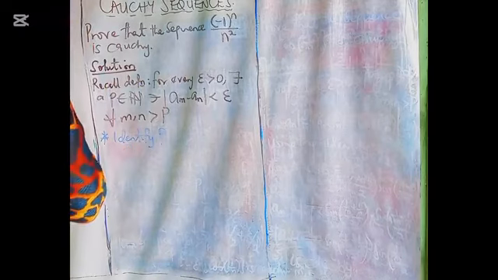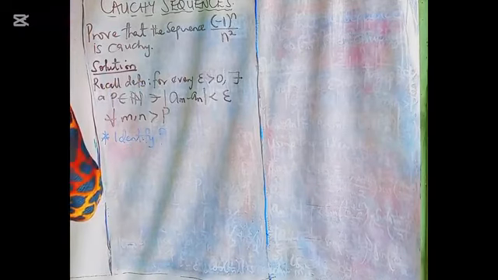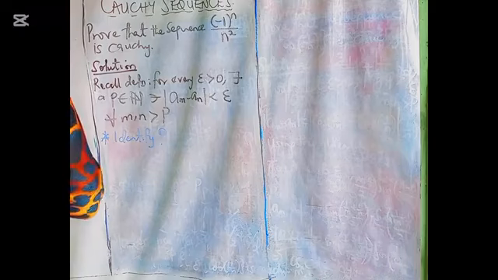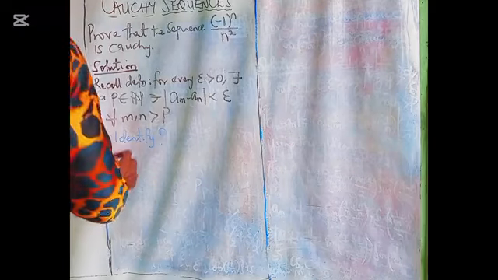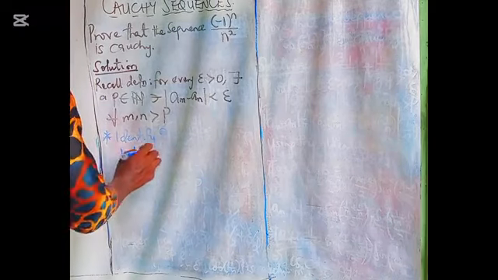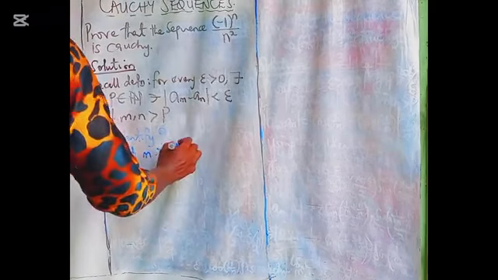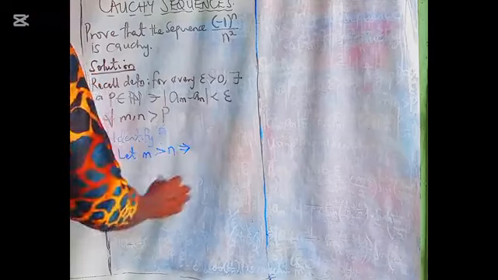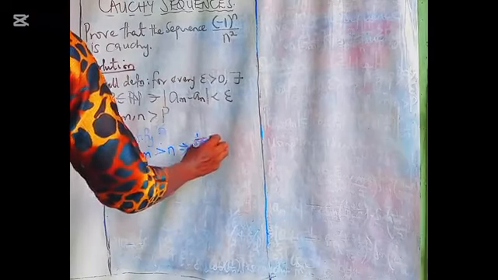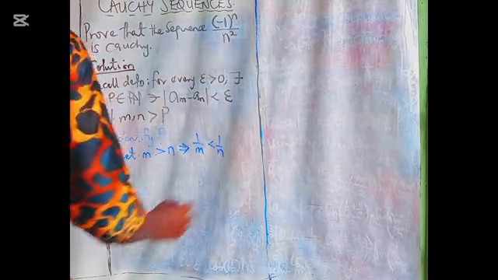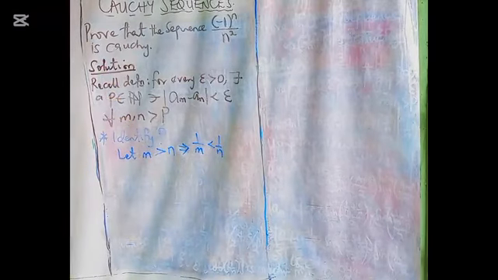But for us to identify p, we will make some assumption here. Let m be greater than n. If m is greater than n, it implies that 1 over m will be less than 1 over n.